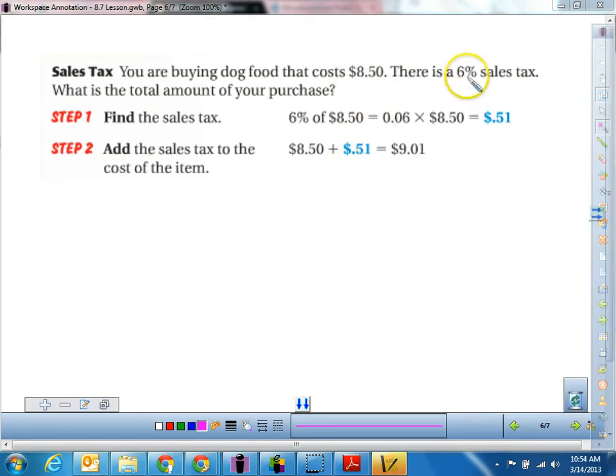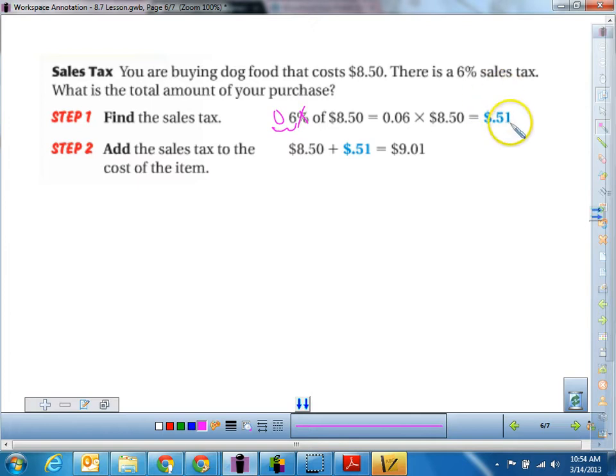So again, we're taking 6% of $8.50, so I'm going to be multiplying them. I'm going to take this 6% and change it to 0.06 by the time I move my decimal twice. So 0.06 times $8.50 gives me a total of 0.51, which is 51 cents.